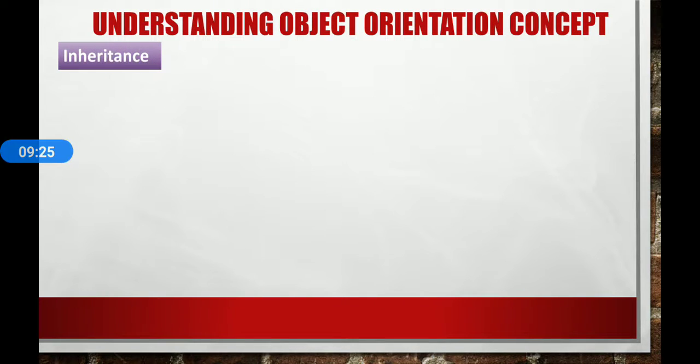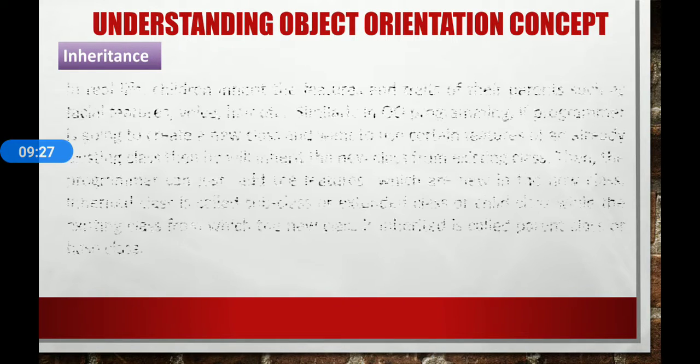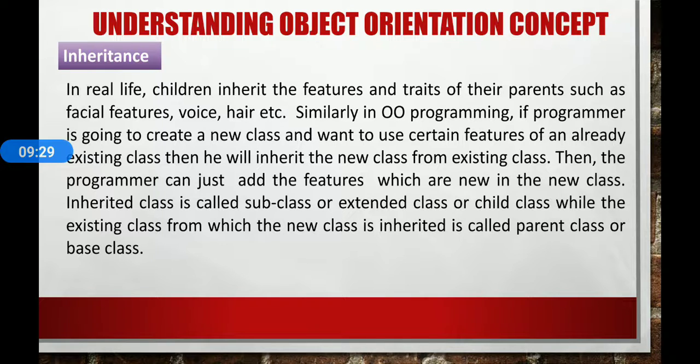Next one is inheritance. In real life, children inherit the features and traits of their parents such as facial features, voice, hair, etc. Similarly, in object-oriented programming, if a programmer is going to create a new class and wants to use certain features like property and behavior of an already existing class, then he will inherit the new class from the existing class.